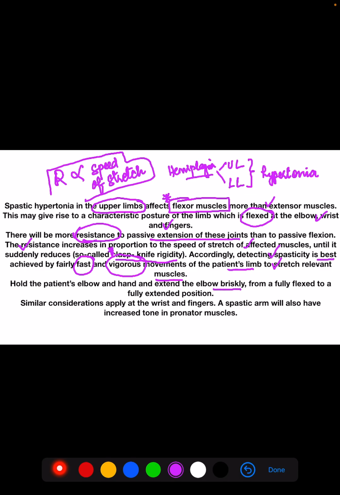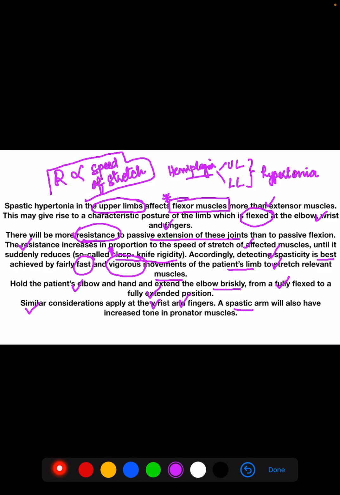See, because of the increased tone, the hand is held in a flexed position. So hold the patient's elbow and hand and extend the elbow briskly from fully flexed to a fully extended position. Okay, that is how you can test for the tone. Similarly, you can also apply this testing at the wrist and the fingers.